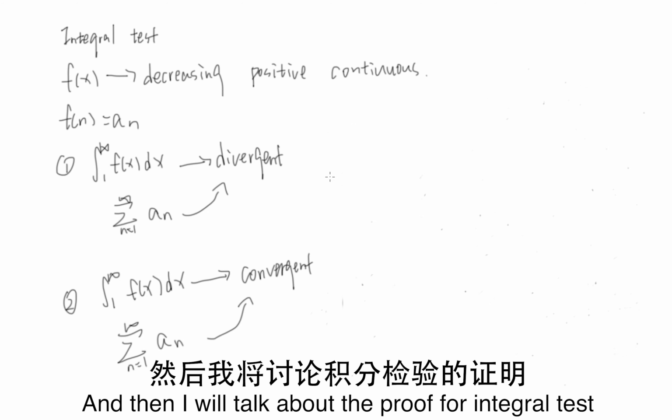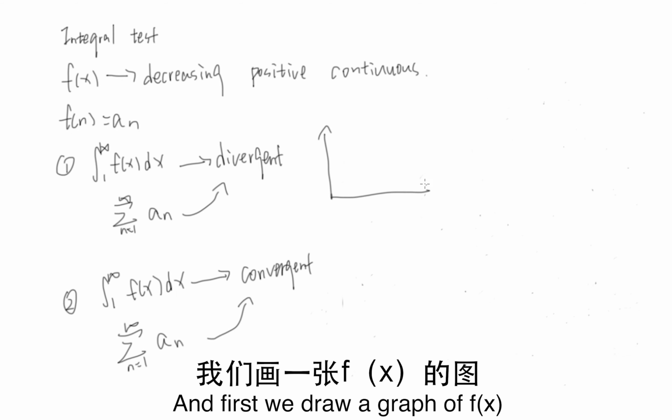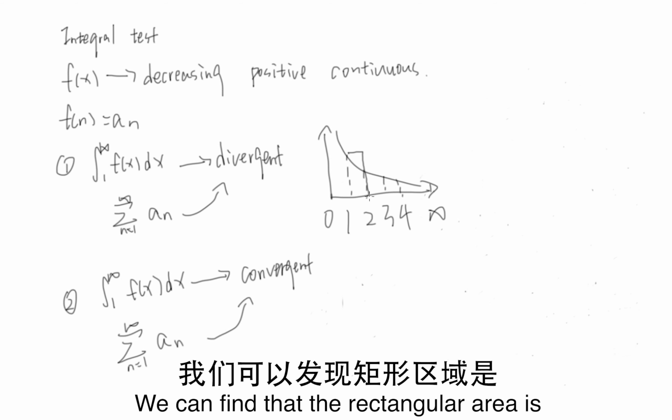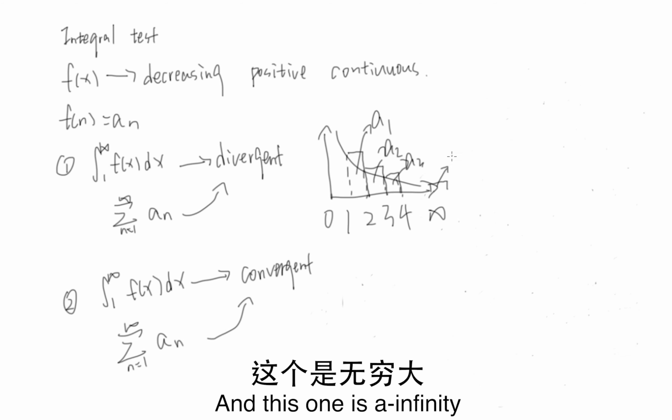And then I will talk about the proof of the integral test. First we draw a graph of f(x). This is 1, this is 0, and this is 2, this is 3, this is 4, and this is infinity. We can find that the rectangle area is a1, this rectangle is a2, this one is a3, and this one is a infinity.